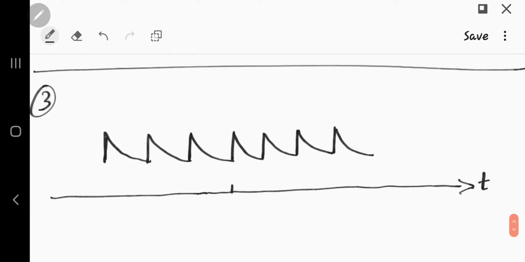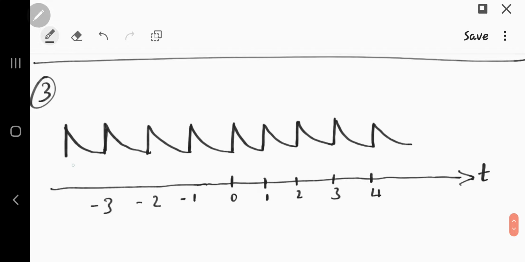Okay. So this is 0, 1, 2, 3, and the signal will continue 4 and etc. And this is minus 1, minus 2, minus 3, and it's a periodic signal.